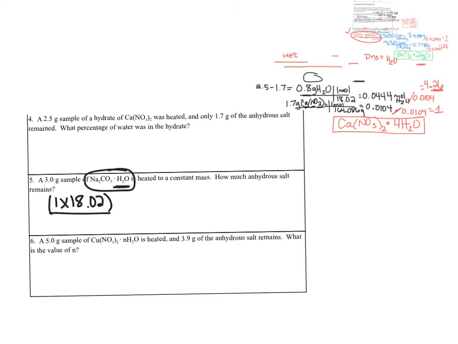So I'm going to have 2 times sodium, so 22.990, plus a carbon, which is 12.011, plus 3 oxygens, plus my 1 water.